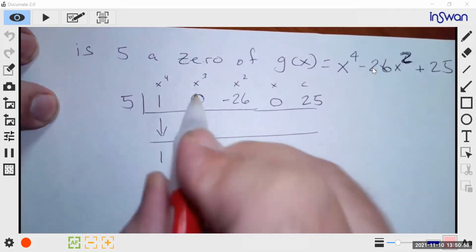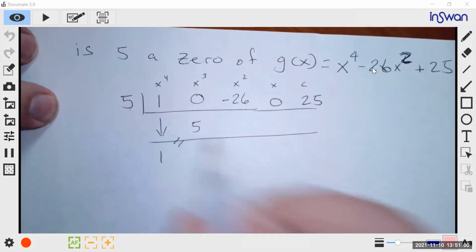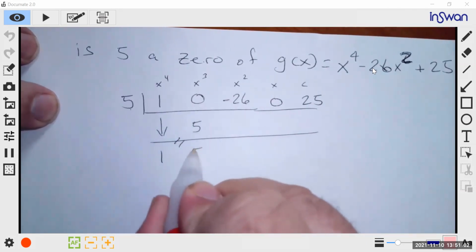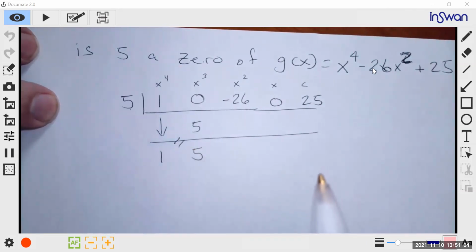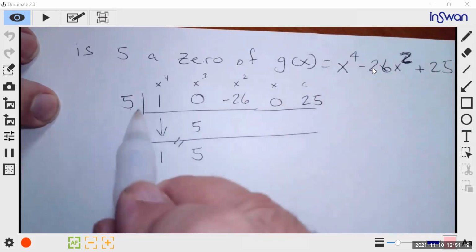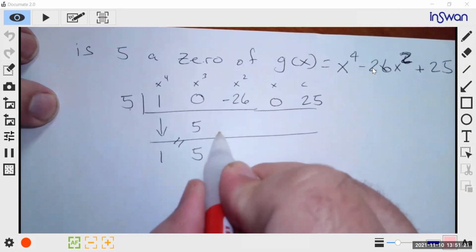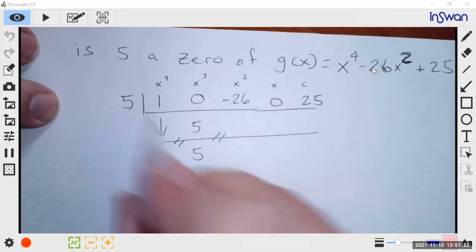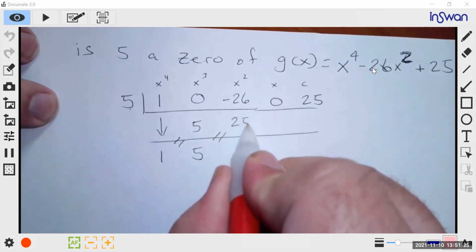So 1 times 5 is 5. 5 plus 0 is 5. And then 5 times 5 is 25.